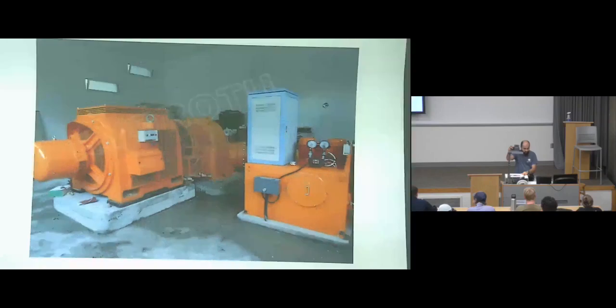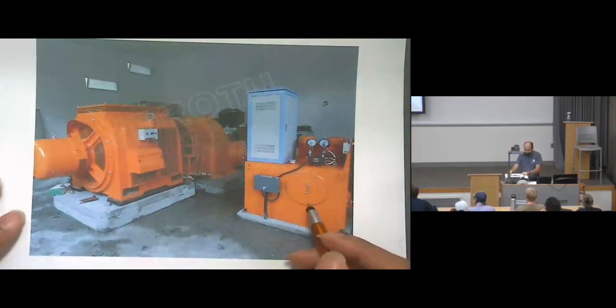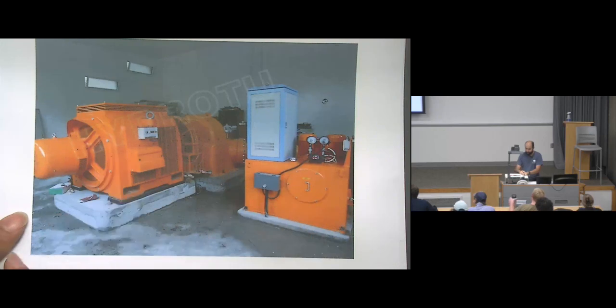This is how the traditional generator looks like. It's very large in size. This is used to generate a large amount of power to supply maybe a city. There is also another type of generator, an old generator. It can be found at the entrance of Brown Hall. You can find it on the ground floor, when you enter from the other side.